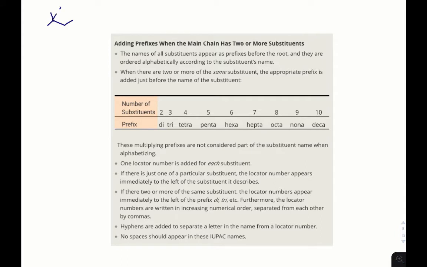All right, so this example that we just looked at with the 2,2-dichlorobutane, we had to add a prefix, the di, because the main chain had 2 or more of the same substituent.